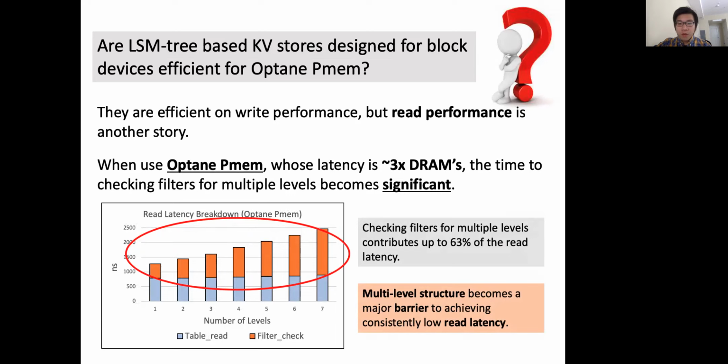And when the number of levels increases, checking filters contributes a large portion of the read latency. That means a multi-level structure on Optane Pmem with DRAM filters cannot achieve similar read latency as a single-level structure. The multi-level structure itself becomes a major barrier to achieving consistently low read latency, and that makes it not optimal on Optane Pmem.